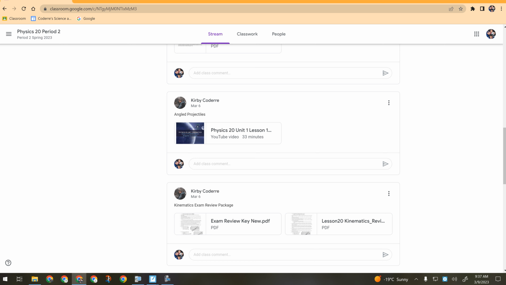Yeah, the key is right there. Okay, so it's down on March 6th, so that was Monday. Okay, so this is the last page. The one on the right is the last page in your work booklet, and then this is the key. So you can check your answers as you go there. Okay. And I think there's a few that actually do have the answers with them.